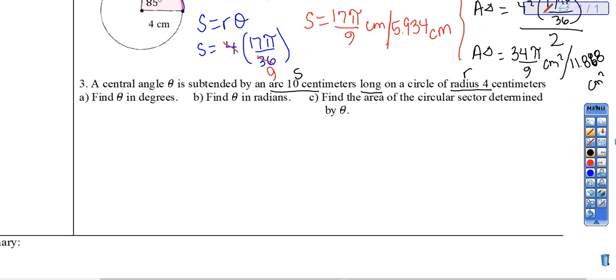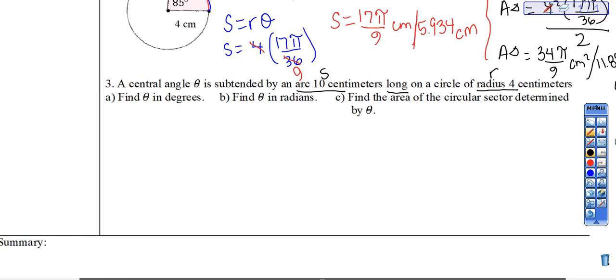So I'm going to come over here and draw a picture real quick of what that looks like. It has an arc length of 10 centimeters and a radius of 4 centimeters. If this is 4 centimeters and I'm going around this 10 centimeters, I can eyeball that that's about 4 centimeters there, and that's about 4 centimeters there, and then maybe 2 more centimeters.